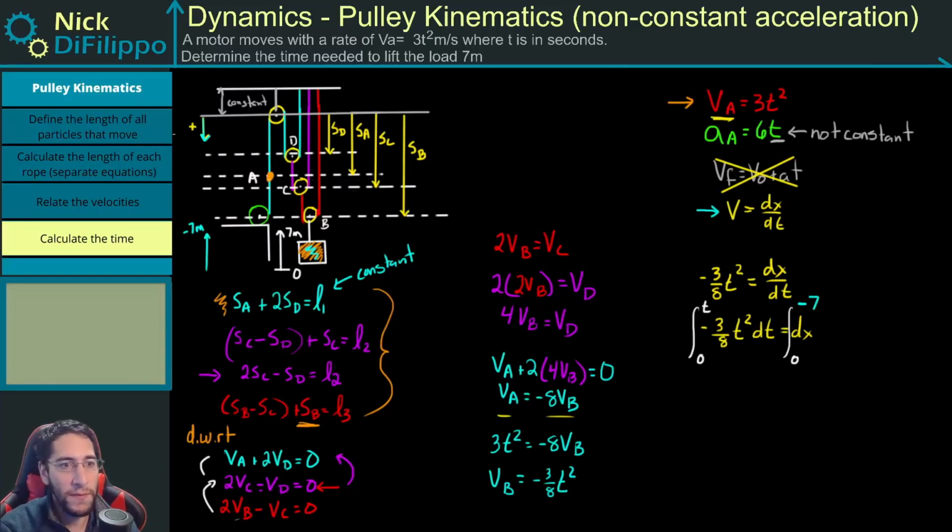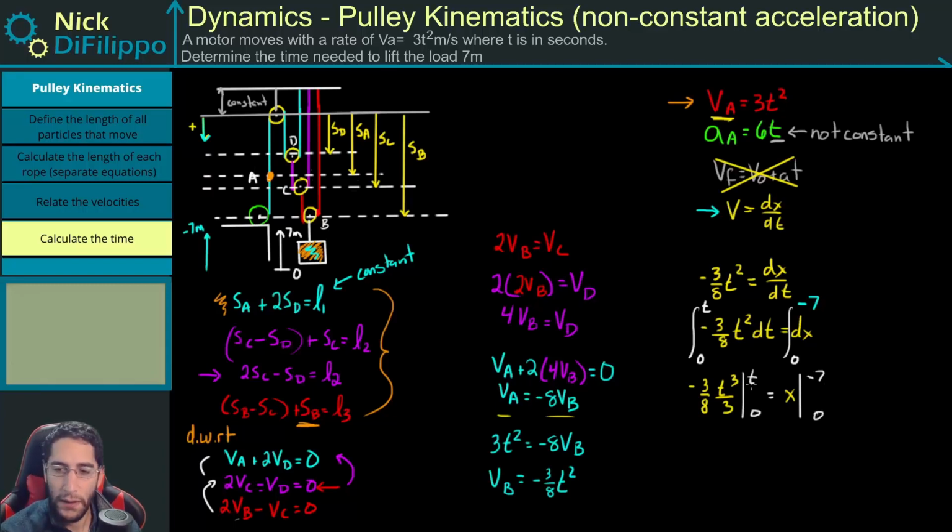Okay, now we perform this integral. Minus 3 over 8, that's a constant. Then t cubed over 3, evaluated from 0 to t, is going to be equal to x evaluated from 0 to minus 7.